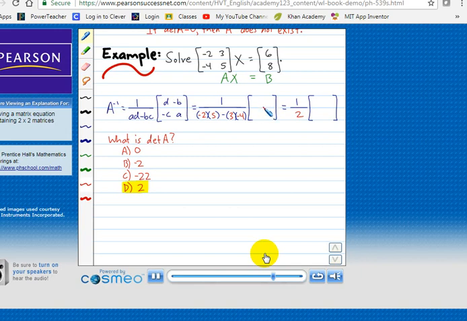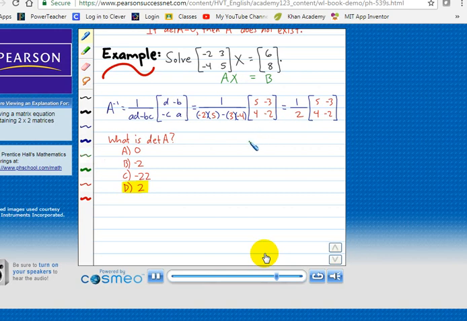Now inside the 2x2 matrix, we want to write for D 5, the opposite of B is negative 3, the opposite of C is 4, and A is negative 2. So the inverse of A is 1/2 times the 2x2 matrix 5, negative 3, 4, and negative 2. This is what we want to use to solve our matrix equation.